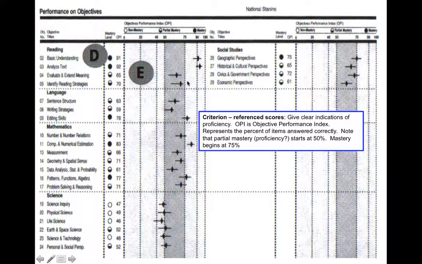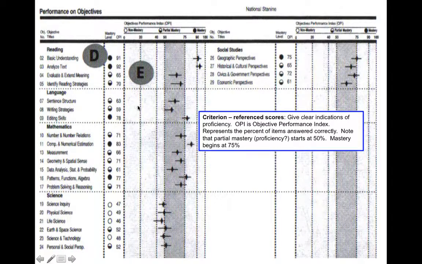And if you look at each one of these, or how all these numbers line up, the OPI represents the percentage of items you've gotten correct. Anything between 0 and 50, or up to 50, is non-mastery. From 50 to 75, you have partial mastery, and from 75% on, you have mastery.